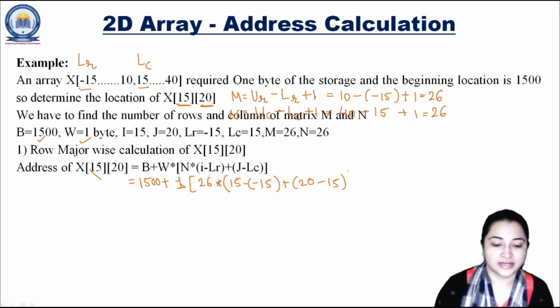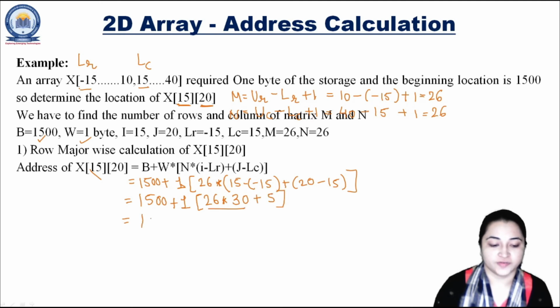So now let's calculate all these values together. That is 1500 plus 1, 26 into this is 15 plus 15 which is 30, then this is plus 5. So 1500 plus 1 into 780 plus 5, that is 785.